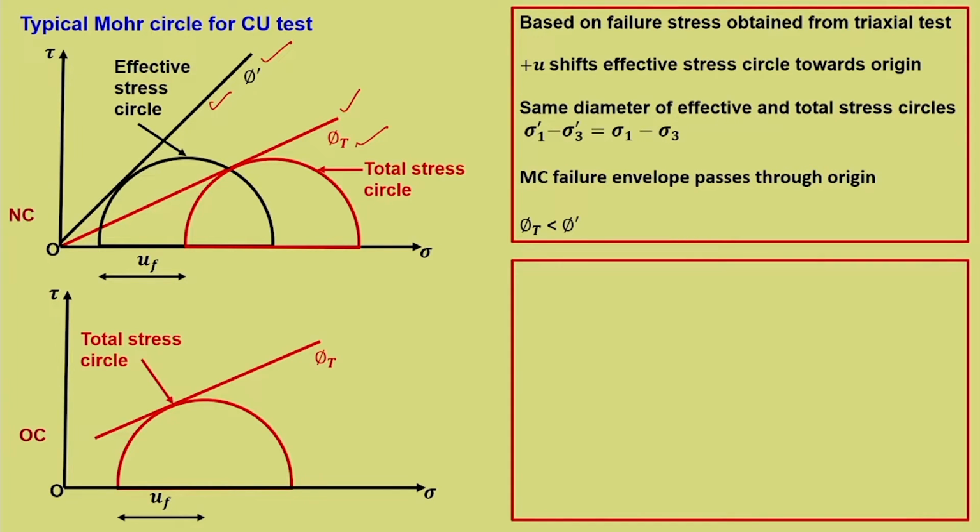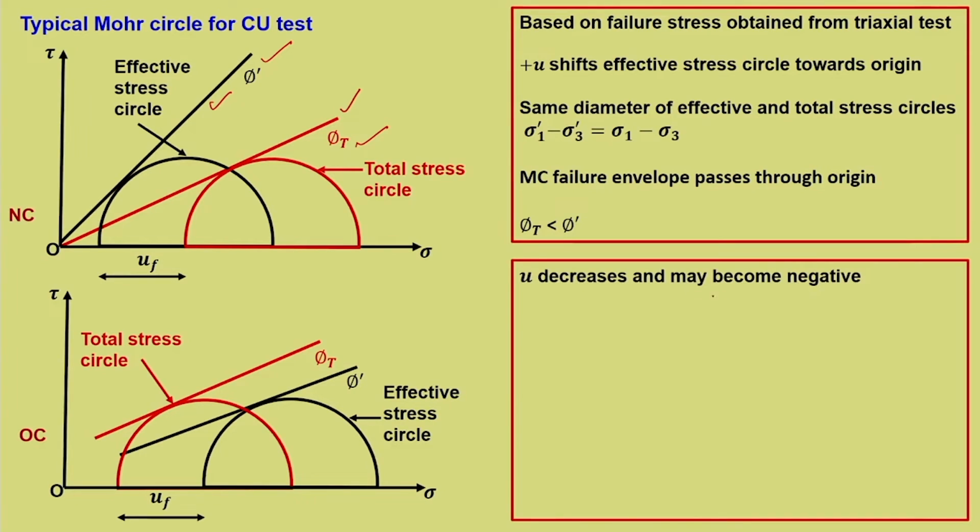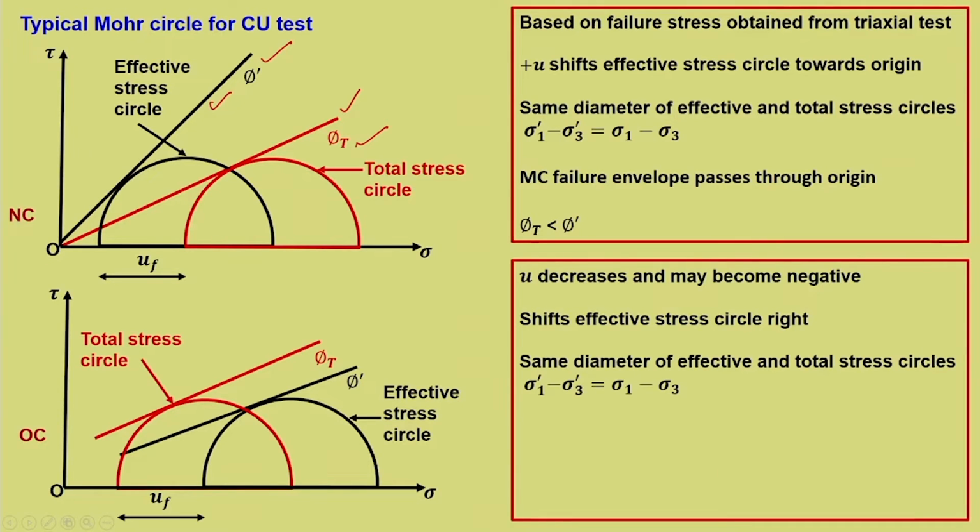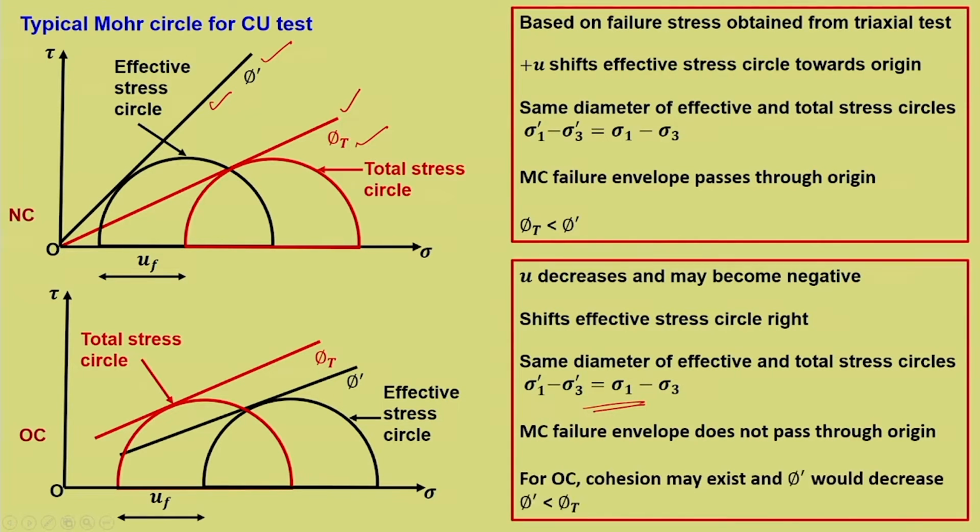It will tend to be negative, and hence we will have the effective stress circle moving towards the right and the failure envelope drawn as phi dash. So, U decreases and may become negative, which shifts the effective stress circle towards right, with the same diameter. The MC failure envelope does not pass through origin.